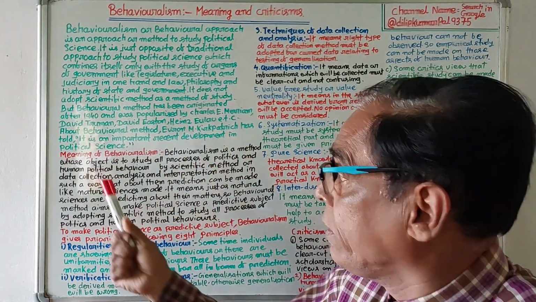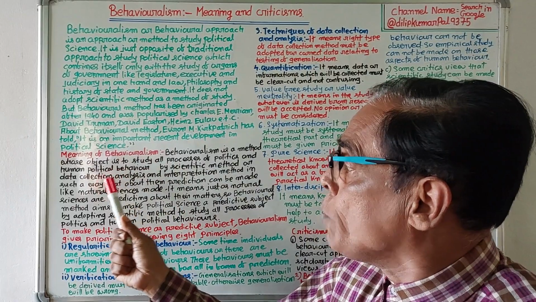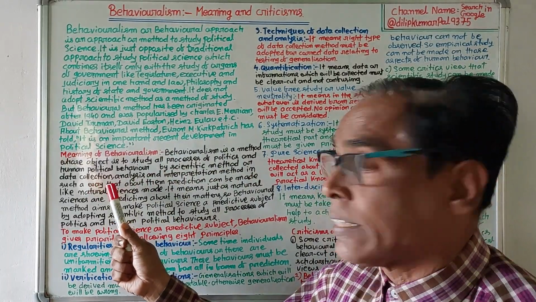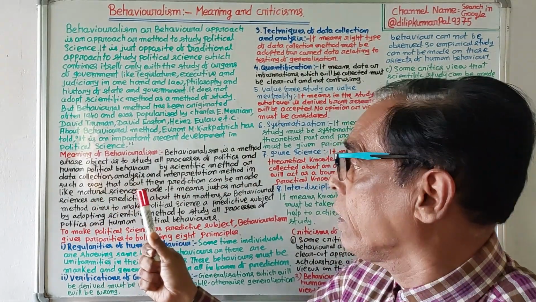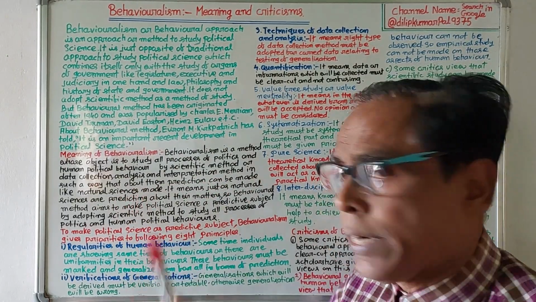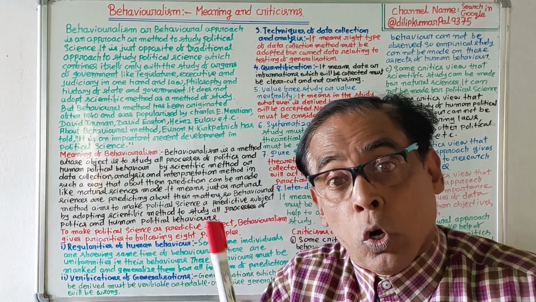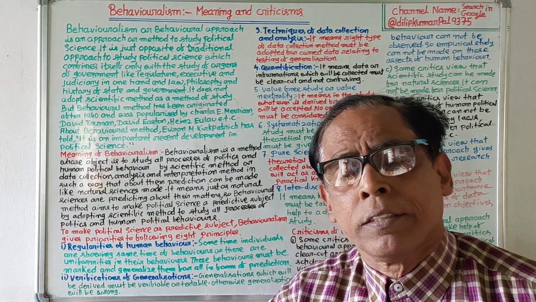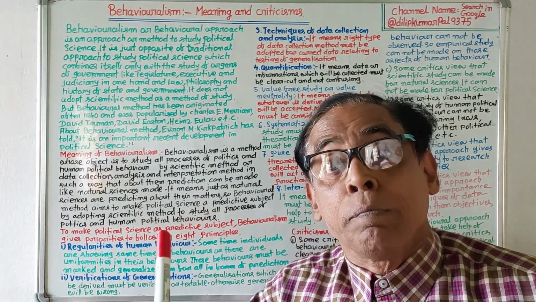Behavioralism is a method whose object is to study all processes of politics and human political behavior by scientific method of data collection, data analysis and data interpretation, in such a way that predictions about them can be made like natural scientists make.